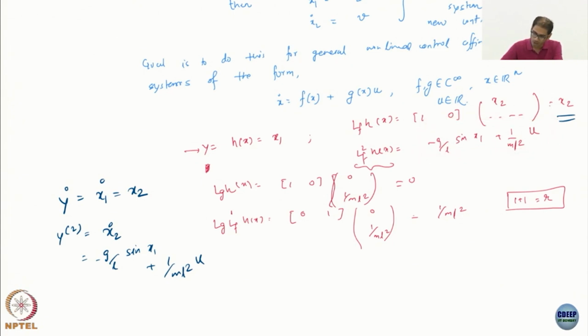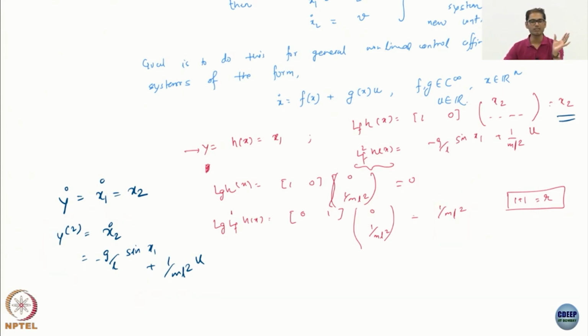Then what about LG LF h of x? Again take this as LF h; the partial with respect to x is 0 comma 1 again. Multiply now by G, the control vector field. It gives me 1 over ml squared, and that's exactly the second derivative.